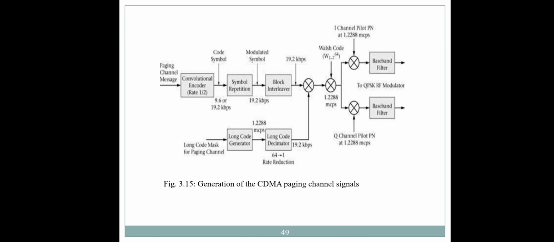One more extra block you are able to see here is the long code mask for the paging channel, and the long code decimator. That is added here, and it is going to generate the I and Q channel signals.